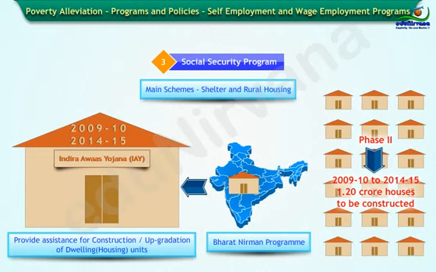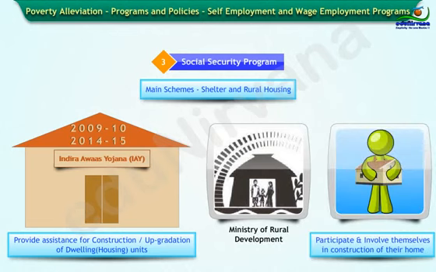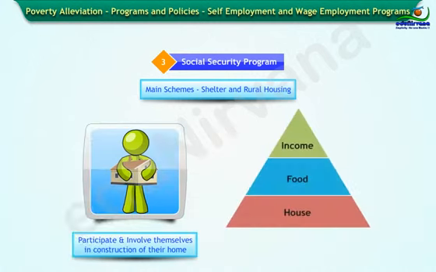In the present form, IAY is one of the popular schemes of the Ministry of Rural Development. The popularity can be attributed to the fact that the scheme enables beneficiaries to participate and involve themselves in construction of their home. Providing houses to the poorest also has a positive impact on people's physical and mental health.